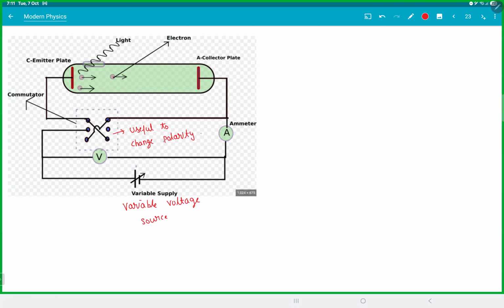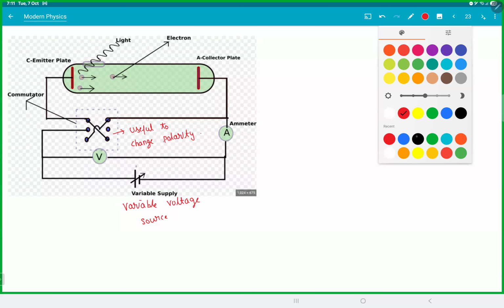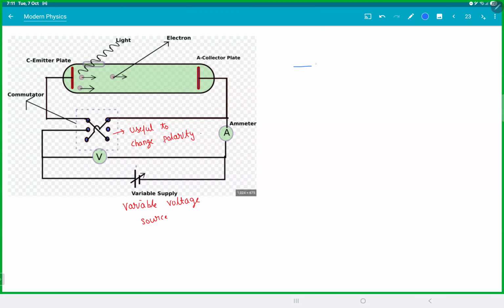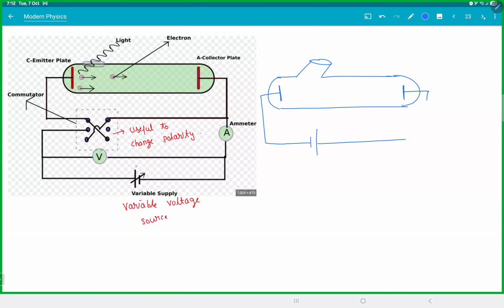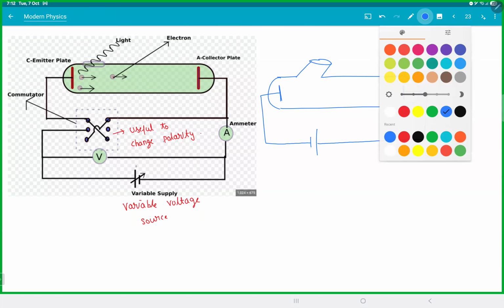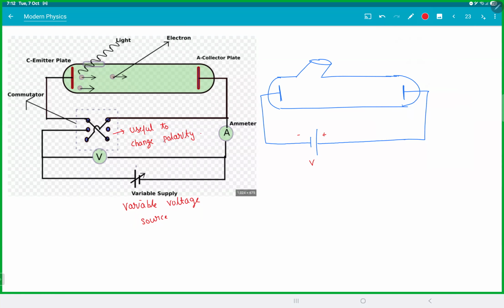So for a simpler understanding, let me draw this. We have a battery of voltage V. This is plus, minus.